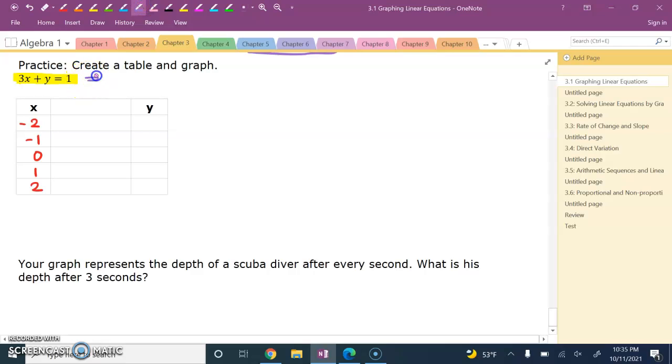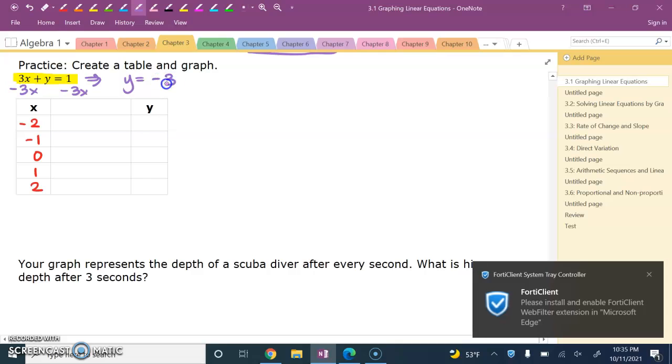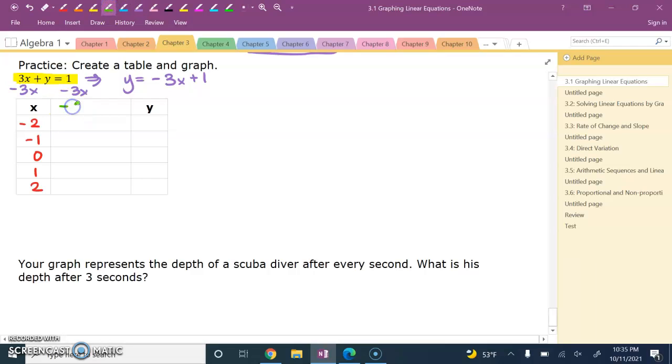So the first thing I would have done is rewritten this equation, and we do that by subtracting 3x from both sides. That'll get my y alone. So this is going to say y equals negative 3x plus 1. So up here in my chart, I'm going to go ahead and put that equation in the middle. And then what I'm going to do is take all these points and start putting all those x values in and multiplying them by that negative 3.